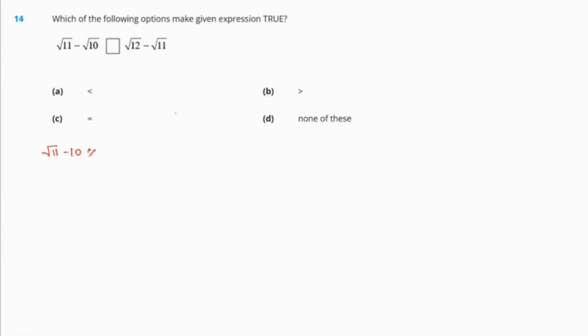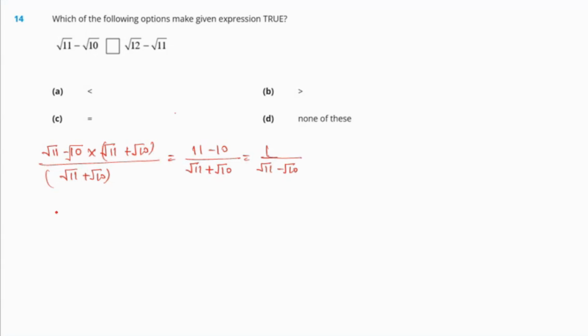So here we can multiply it by root 11 plus root 10. And since we are multiplying in the numerator, we can multiply it in the denominator as well. So we are going to get 11 minus 10 by root 11 plus root 10. We are getting 1 by root 11 plus root 10.